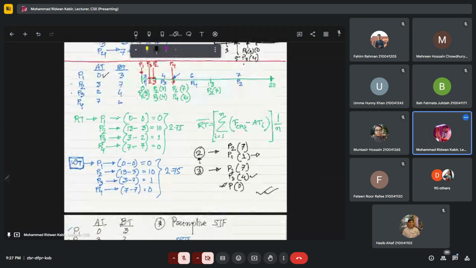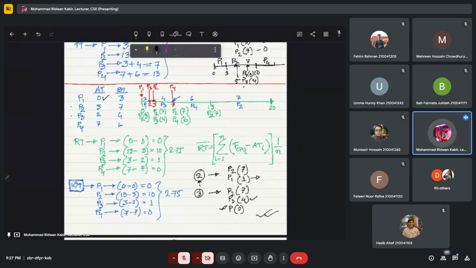Now you see, whenever we are dealing with preemptive SJF, with every process arriving, we are considering the remaining times for the previous processes, right? Initially in this case, the actual burst value for P1 was 3.